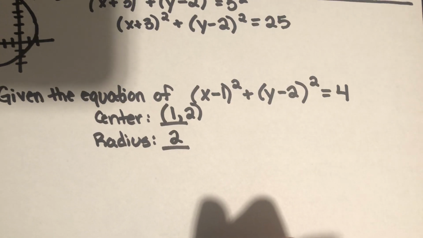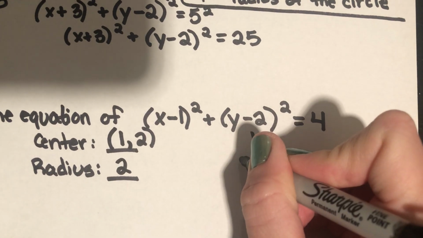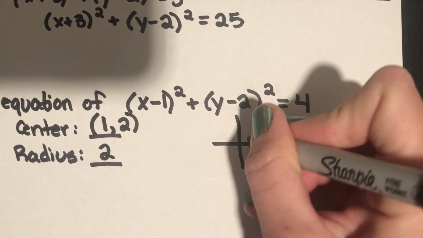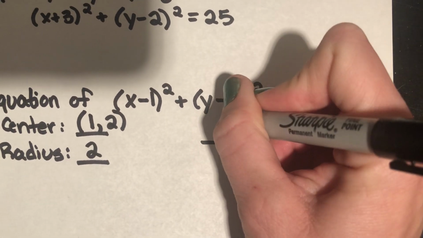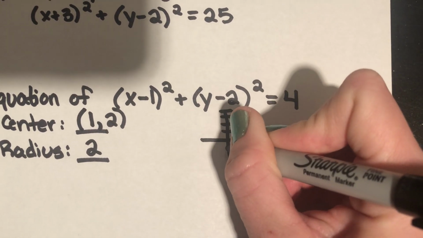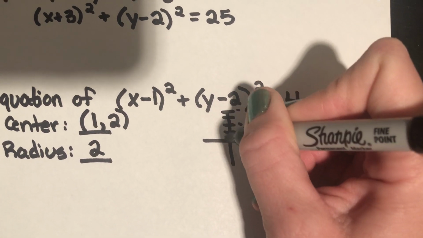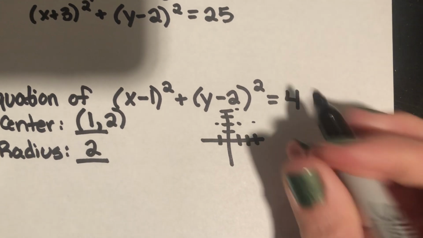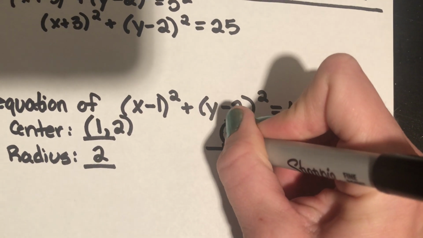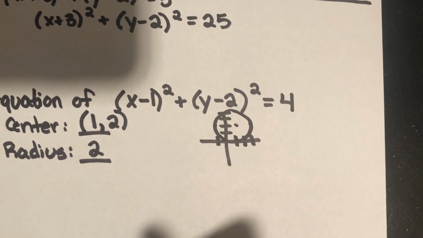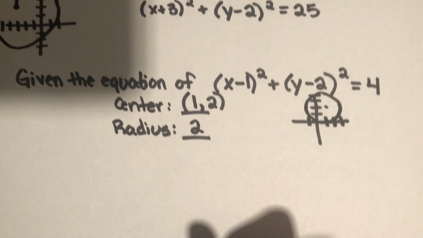If you graph this, the center is at (1, 2) and the radius is 2 out in every direction, and that gives our circle.